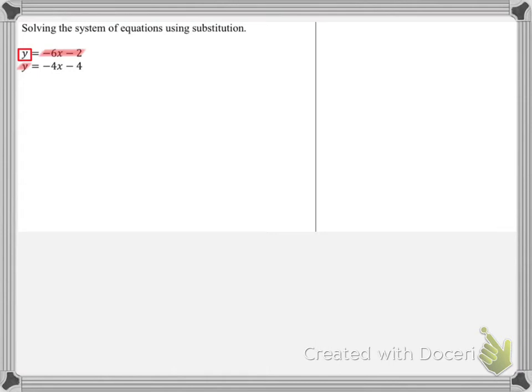Now from here, we're going to do our substitution. So start writing this equation. Wherever I see the highlight, though, is where I fill in the information from the other equation. So that's -6x minus 2. Now I'm just going to drop everything else down.